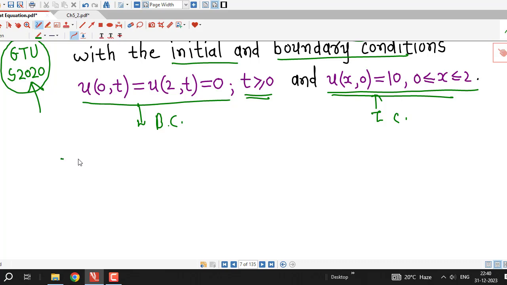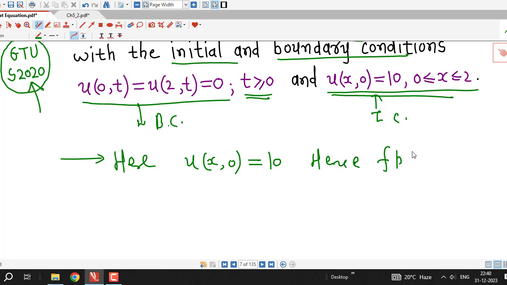So here first I am writing that u(x,0) is equal to 10, and hence the value of the function f(x), which we will use in calculating Bn, is 10. f(x) equals 10 for all x along the bar, for all x such that 0 ≤ x ≤ 2.